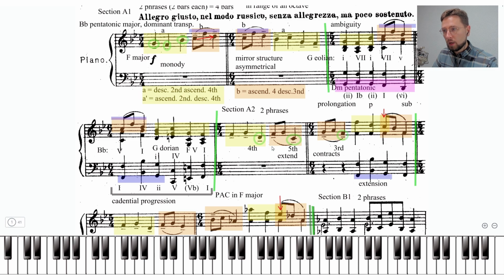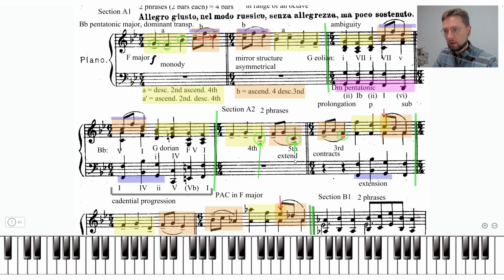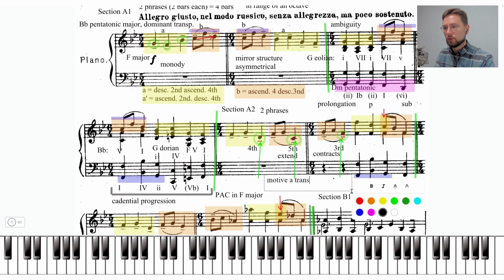So these three notes, which will give a green arrow, are really extremely important from the structural point of view because they are motif A transposed.